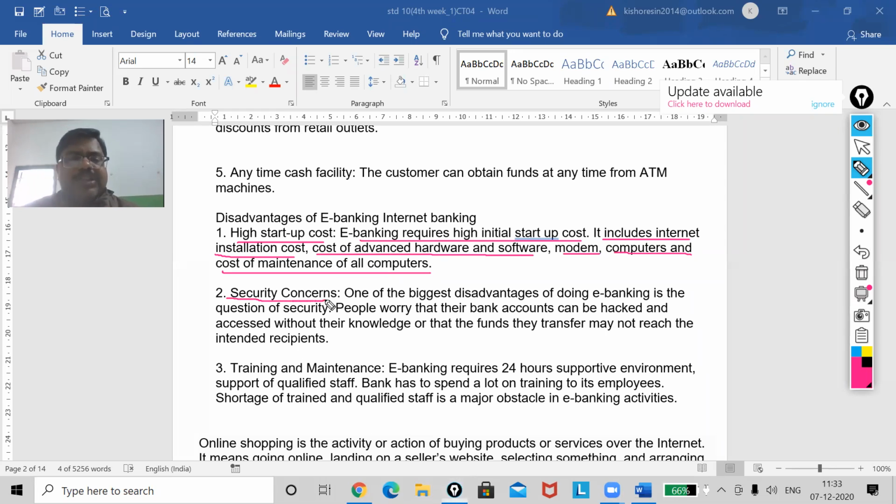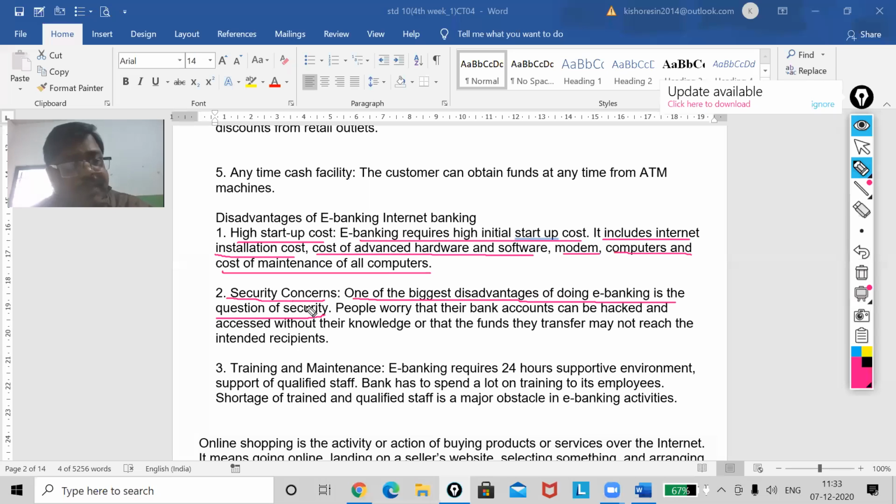Now, security concern. One of the biggest disadvantages of doing e-banking is the question of security. If your net banking user ID and password have been leaked, then you are going to face a problem, because anyone can make an illegal fund transfer or do online shopping.